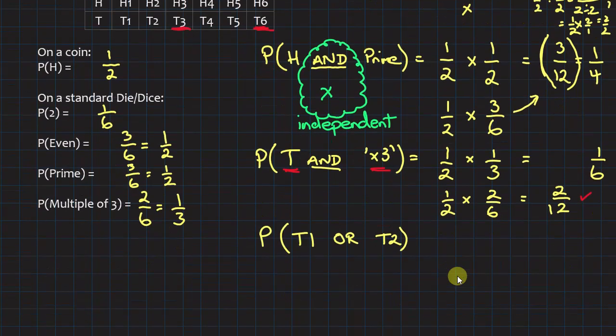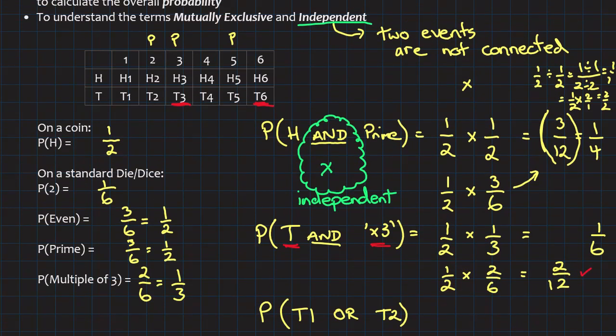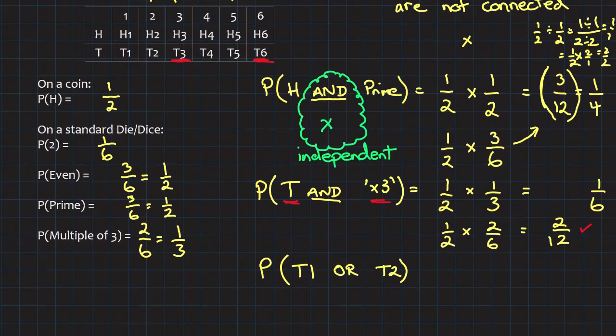I need to keep that on the screen if I can. Let's just move this down a little bit. So tail 1, we've got 1 out of 12. Probability of tail 2 is 1 out of 12. Now, if you were to think about the situation in any way, it's a probability of them being tails and 1 or 2.